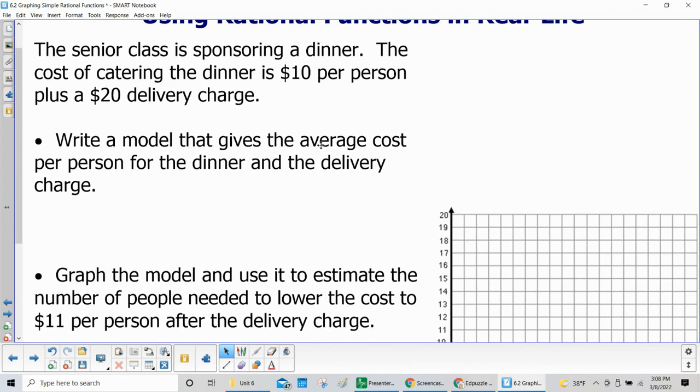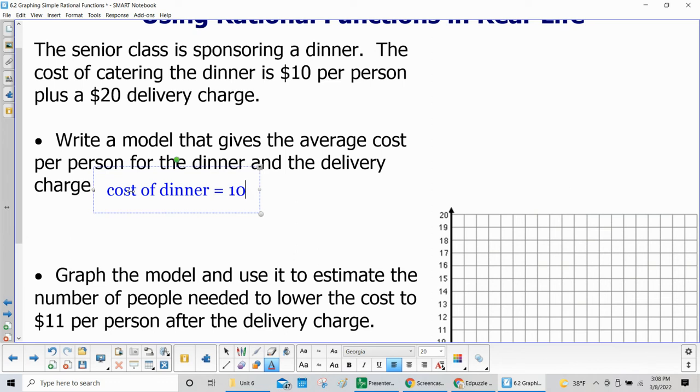So we want to know what's a model that gives the average cost per person for the dinner and the delivery charge. So when we think about how this would work, well, we know that the cost of the dinner is equal to $10 per person. So if we say X is the number of people, 10x, plus the $20 delivery charge. That's the total cost of the dinner.